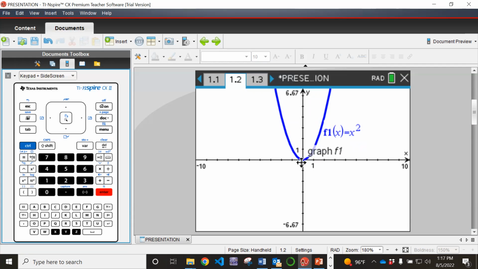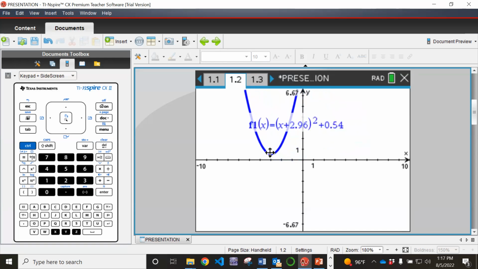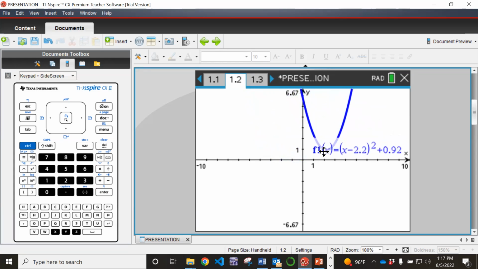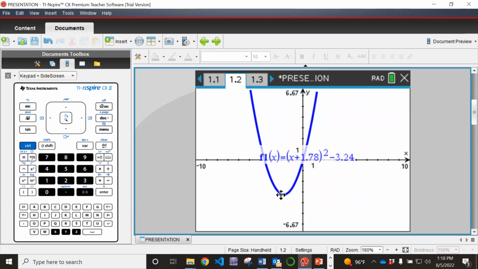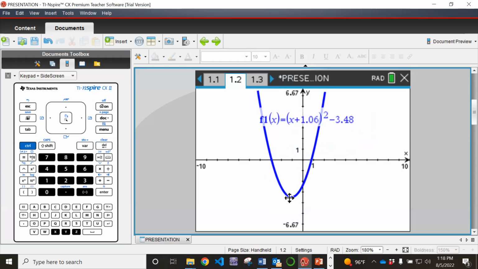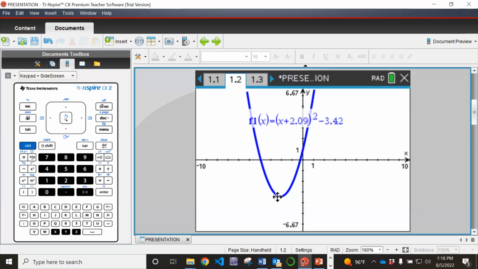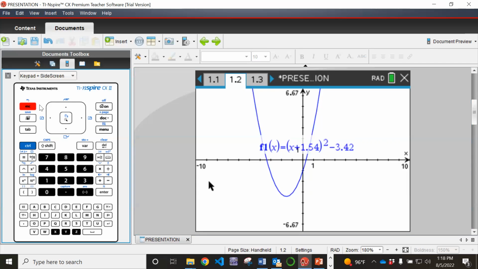So I can take this graph that I entered and slide it left or up or right or down, and it automatically updates the equation to show what the new equation is. If you're doing that and you can't make it stop, definitely hit the escape button, and that will let go of the action of moving that you had.